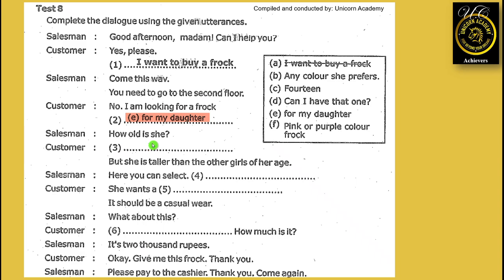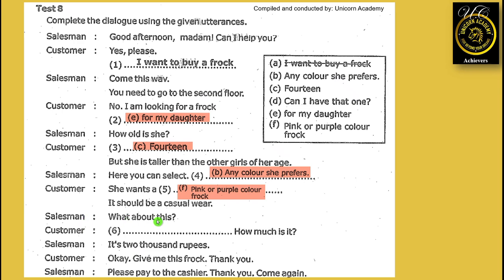Salesman: How old is she? Customer: 14. But she is taller than the other girls of her age. Salesman: Here you can select any color she prefers. Customer: She wants a pink or purple color frock. It should be a casual wear.